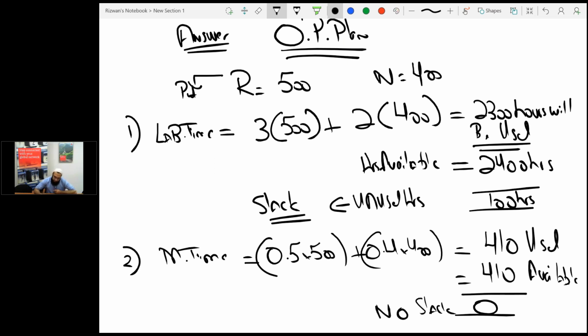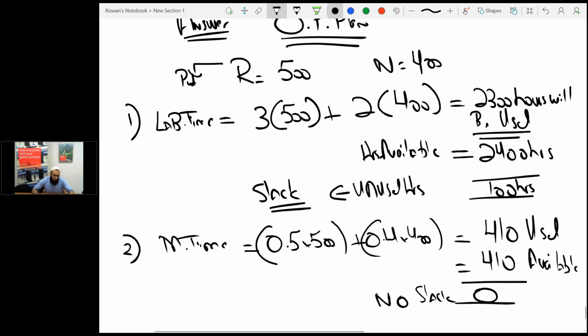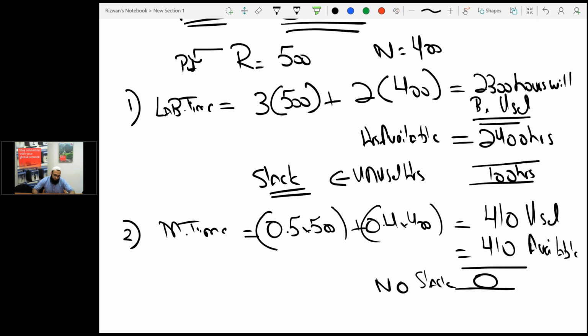No slack. So slack is what? Underutilization of a resource. Guys, is this clear? I'm sure each and everything is being cleared with a logical answer.